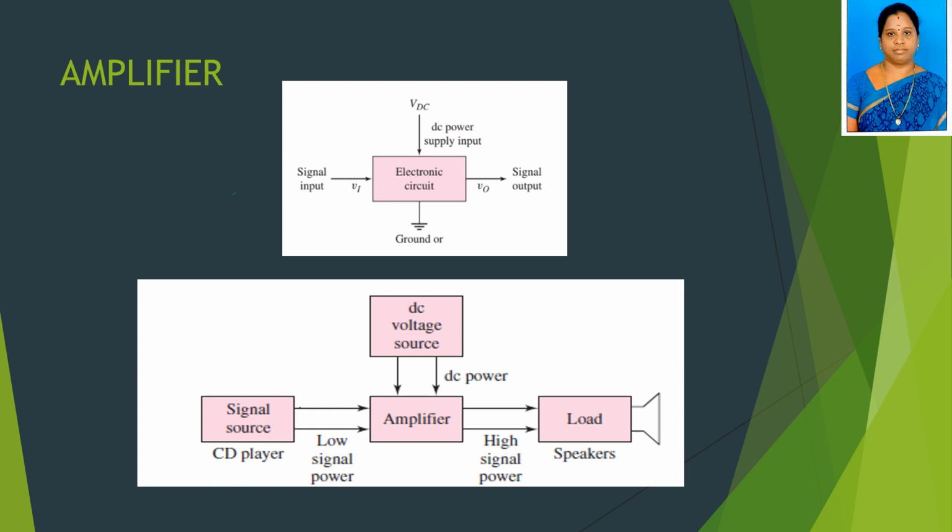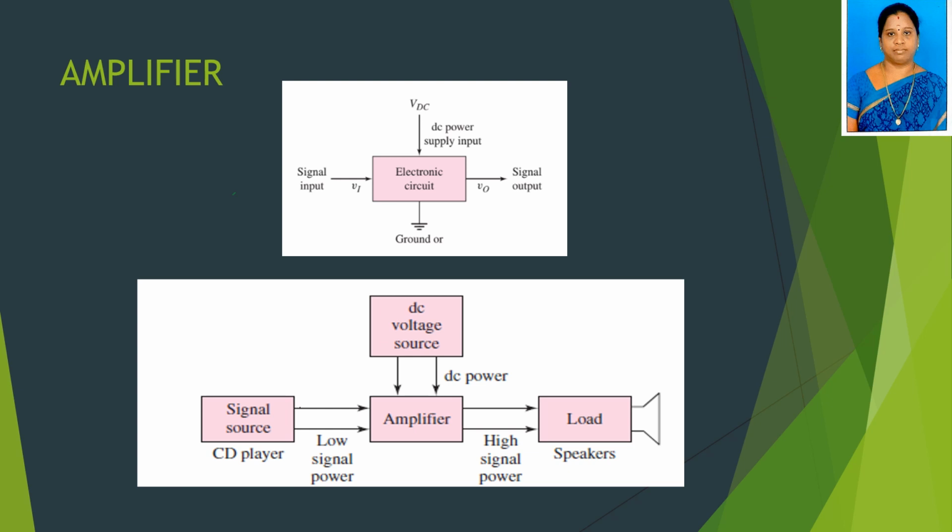In the public addressing system, when you speak, the audio signal is captured by the microphone. The microphone output is connected to the amplifier, then the output of the amplifier is connected to the speaker. Suppose you do not use an amplifier and the microphone output is connected directly to the load, that is the speaker. The output of the microphone is not sufficient to drive the speaker, so you could not hear any sound from the speaker. So we need amplification. This is one of the applications of the amplifier.